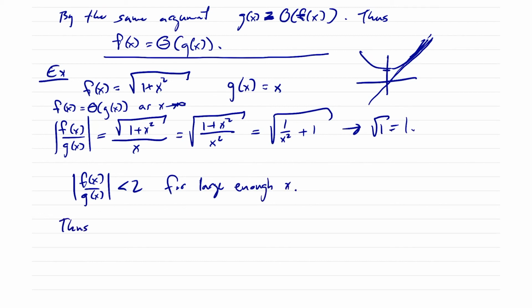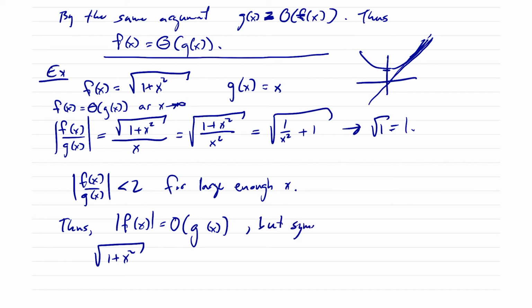Thus, we have the absolute value of f of x is equal to theta of g of x, or in other words, we have the square root of 1 plus x squared. Well, actually, what we demonstrated here is big O of g of x, but symmetrically, we have, oh my god, that's such a big eraser.